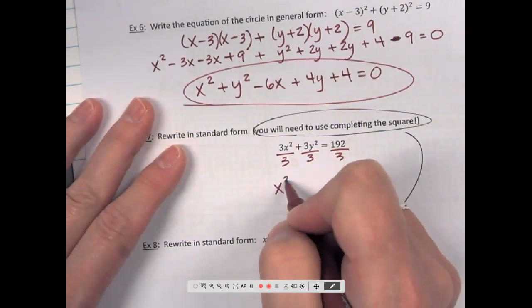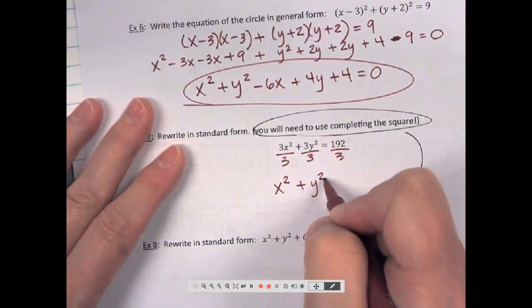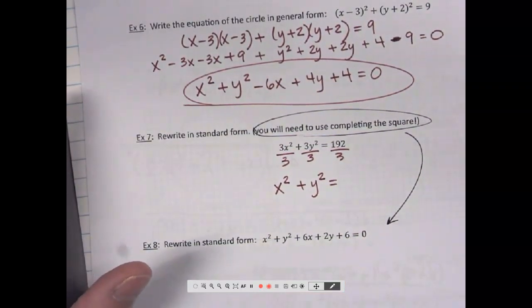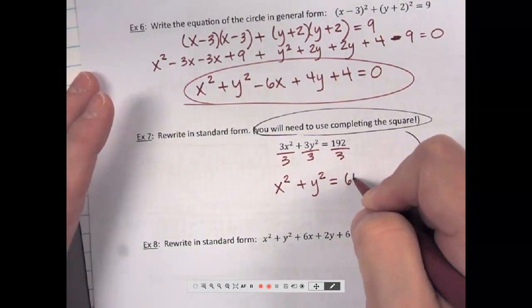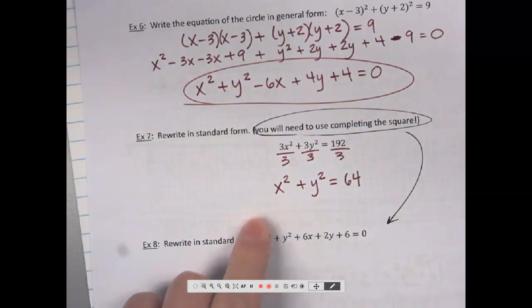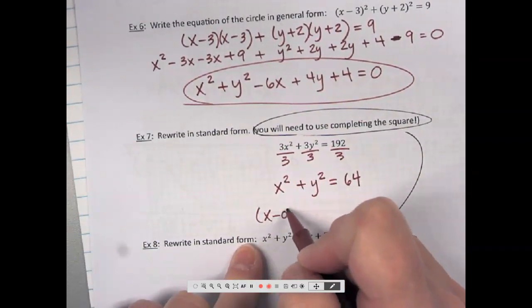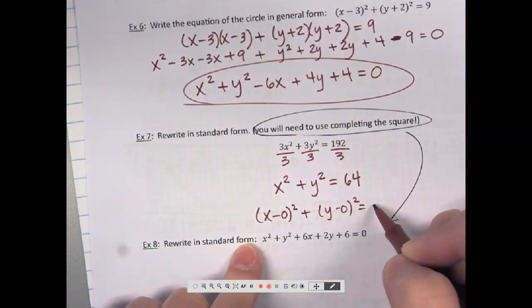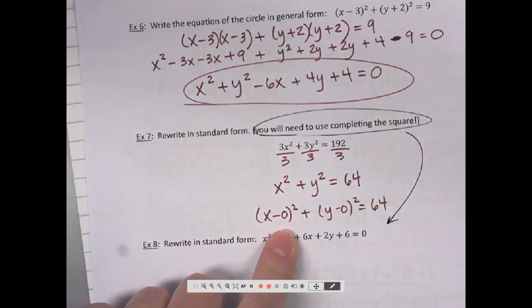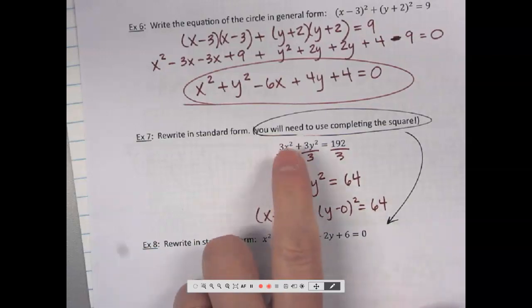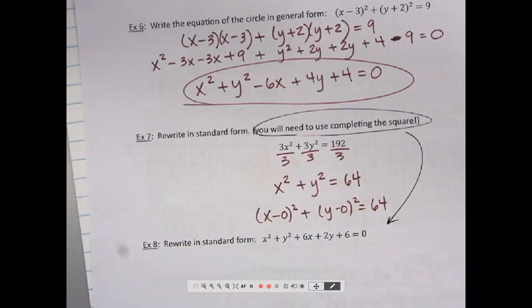So that I have x squared plus y squared equals 192 divided by 3 is 64. Okay, that is in standard form. Now, if it helps, think of it as an x minus 0 squared and a y minus 0 squared equals 64. So the center is 0, 0. The radius would be 8. Okay, but all I had to do to that is just divide by the 3.